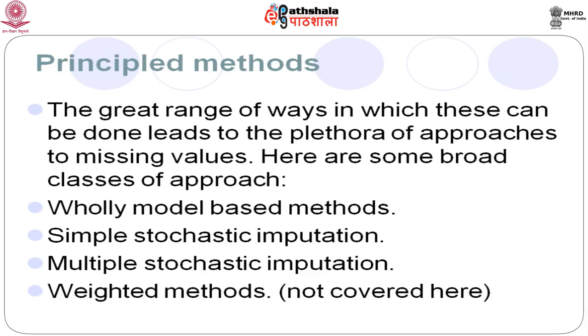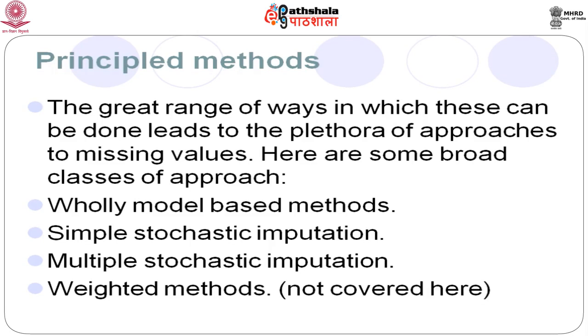The principled methods, the great range of ways in which these can be done, lead to a plethora of approaches to missing values. Here are some broad classes of approach: wholly model based methods, simple stochastic imputation, multiple stochastic imputation, weighted methods.